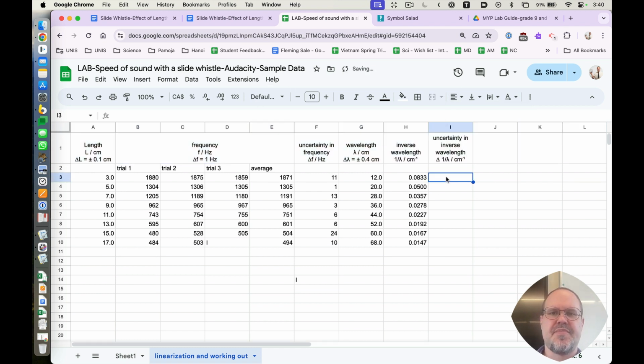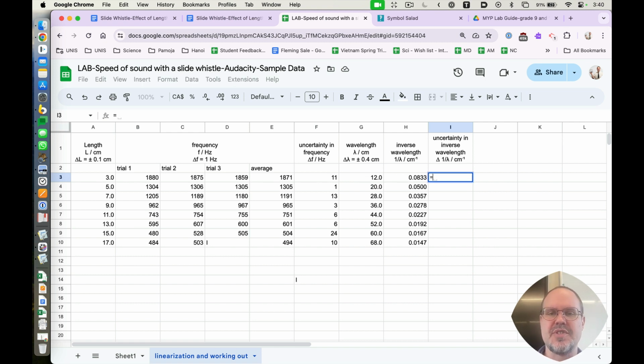That's better. Now, the uncertainty in average wavelength is going to be the uncertainty in the wavelength divided by the wavelength, and that gives what's called a relative, like a percentage uncertainty, and we multiply that percent, or the relative amount, by the actual inverse wavelength.